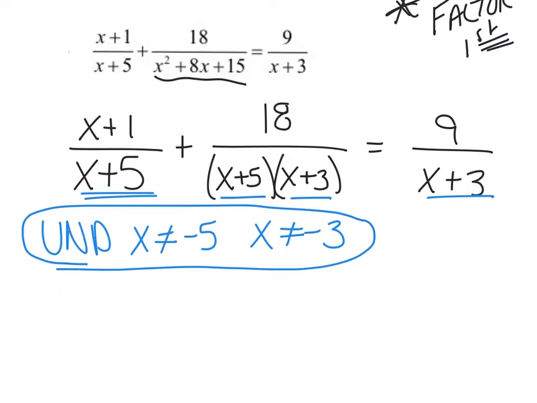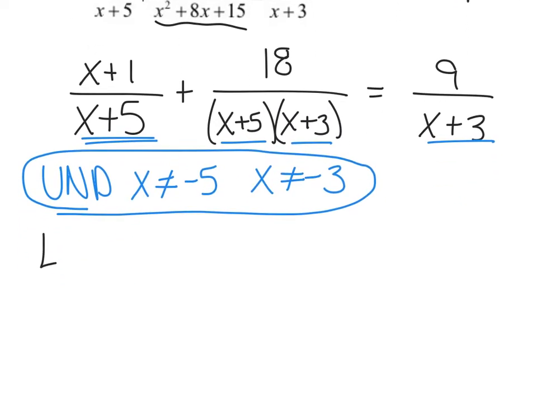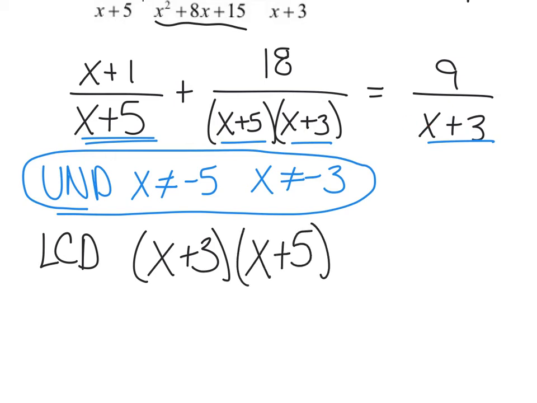All right, we're now ready to identify our least common denominator. This fraction has an x plus 5, and if I compare, it's missing the x plus 3. This one has both, and this one's missing the x plus 5. So my least common denominator are both binomials. Remember, you need one of everything that's out there in the denominator. I need an x plus 5 and an x plus 3. Now our goal is to rewrite each of these fractions.